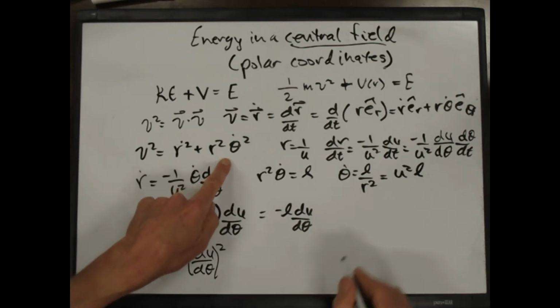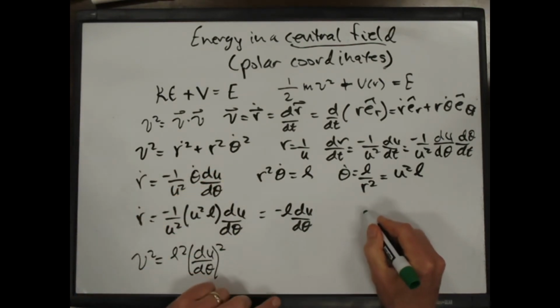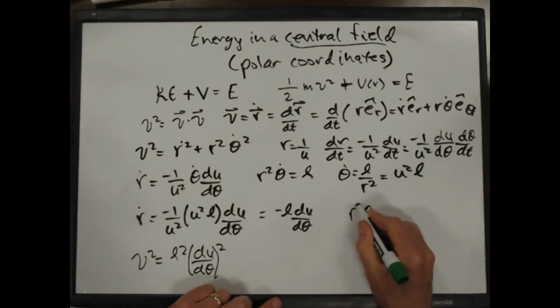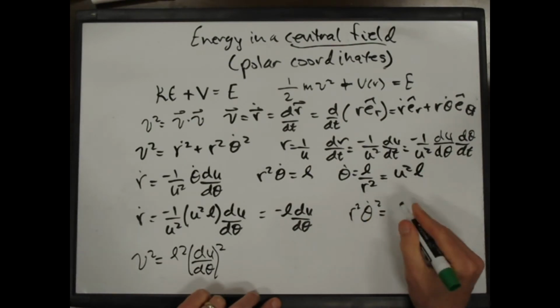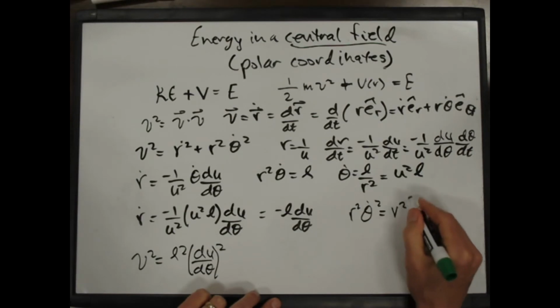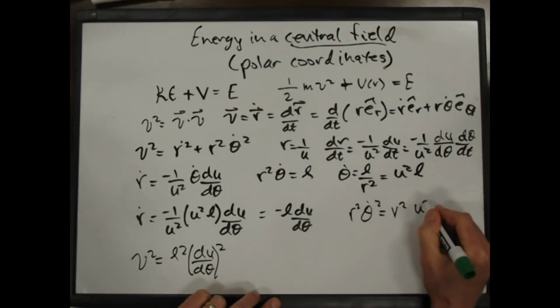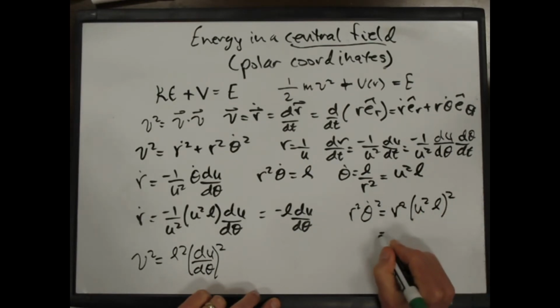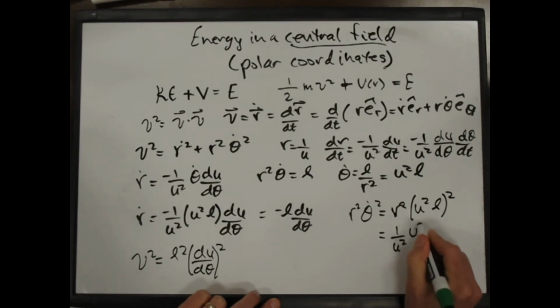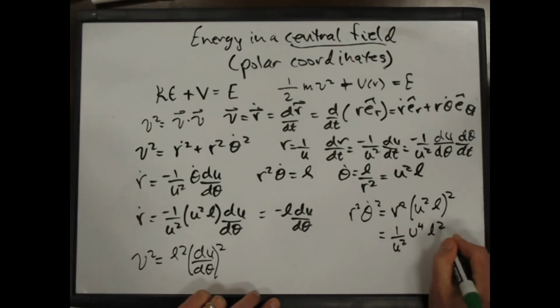And I'm going to say, well, r squared theta dot squared is equal to r squared times this quantity squared, u squared L squared. And that's equal to 1 over u squared times u to the 4th L squared, which is equal to u squared L squared.